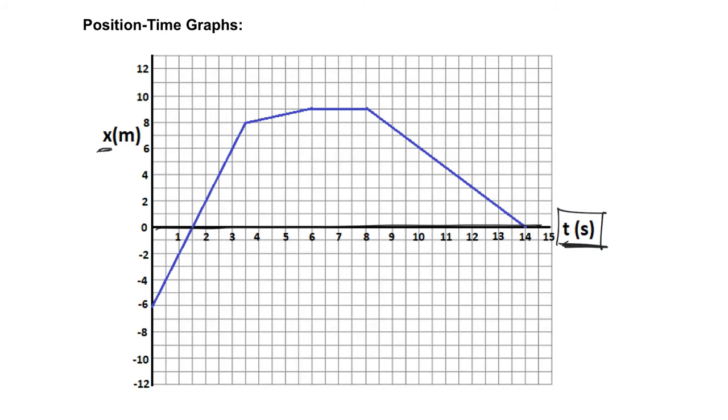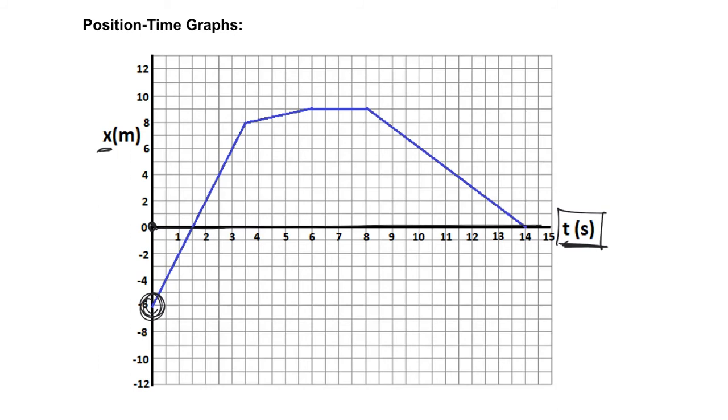If you look at this graph, there's a few things we need to check out. If you look at time equals 0, where time is 0 is right here at the beginning. At time equals 0, where is my graph? My graph is down here at -6. So if I was looking at this motion on a number line, I would be starting off my position at -6.